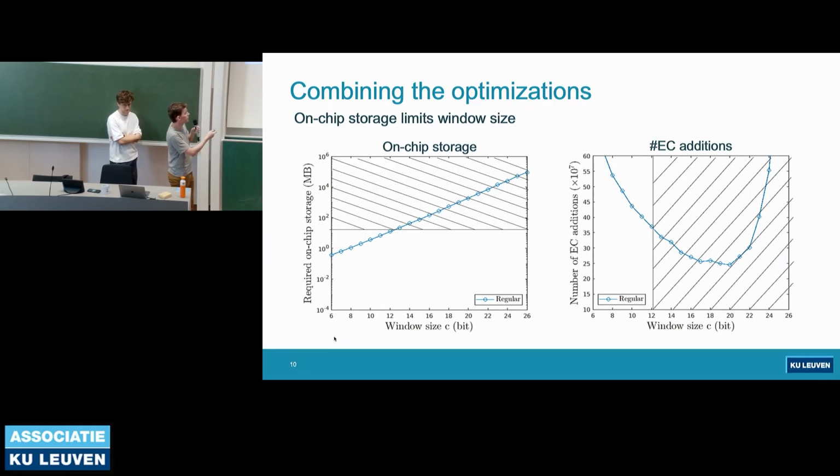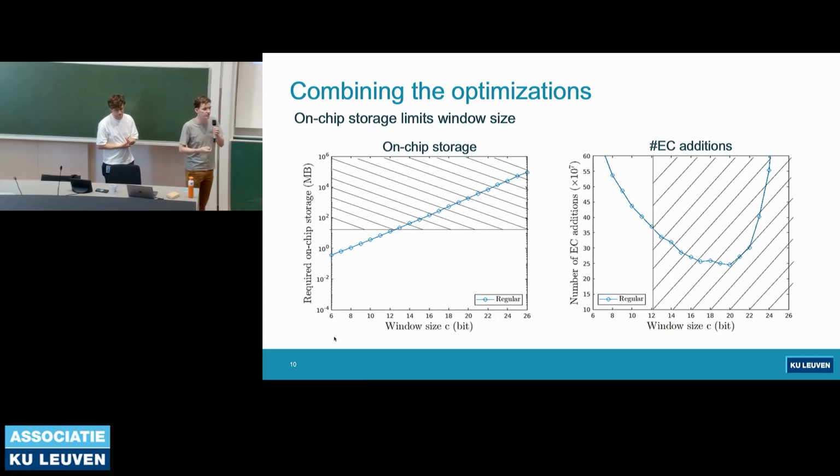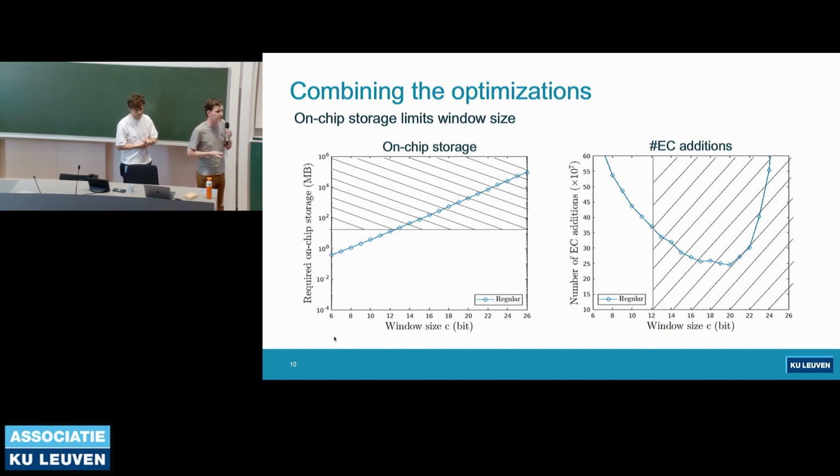The initial drop is due to the fact that the accumulation steps get cheaper as you increase the window size. However, if you look at this graph, we want to be somewhere around a window size of 20 bits, but this is not possible because we are restrained by the number of on-chip memory elements. And for implementation on FPGA, this limits us to a window size of around 12 bits.